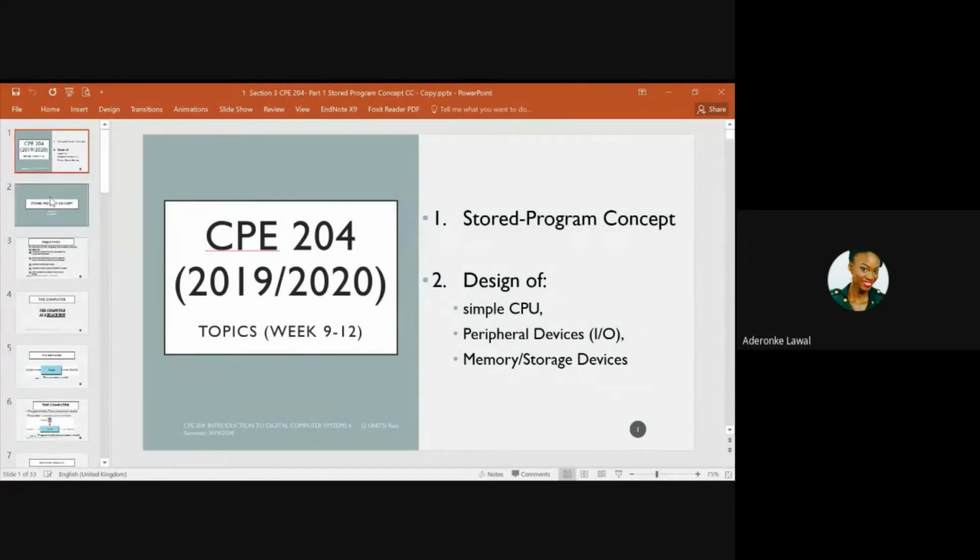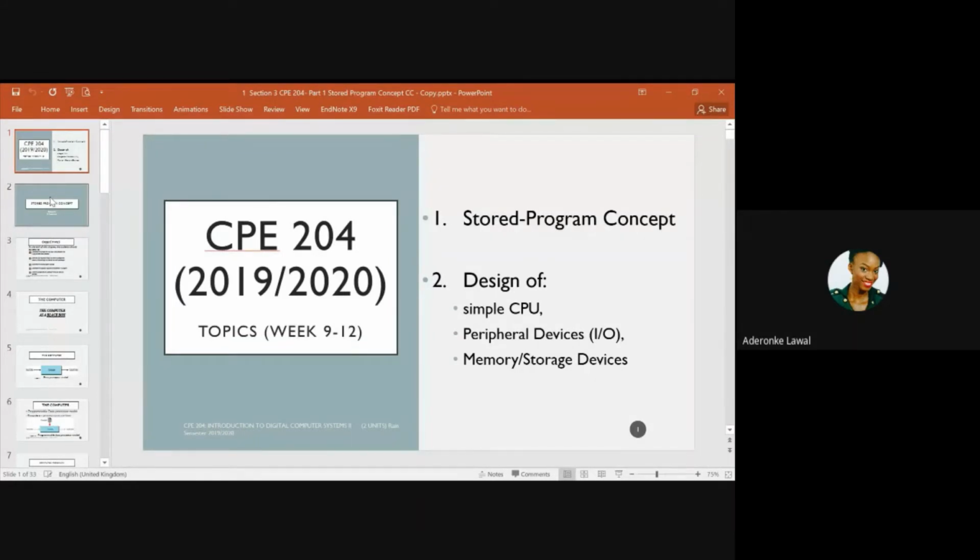I covered the basics of the stored program concept itself, and the devices that a typical computer is comprised of, and I shared the reason why it's important for you to learn this. What I said was that for you to improve on anything really, you have to have a very good knowledge of the workings of that thing.